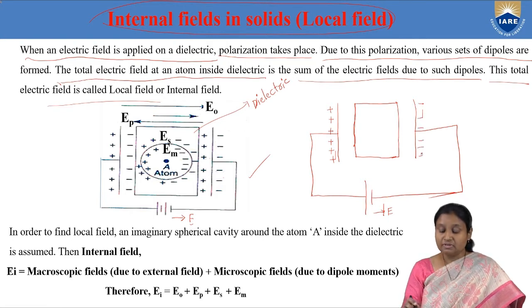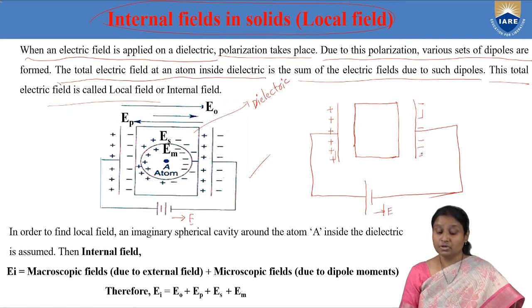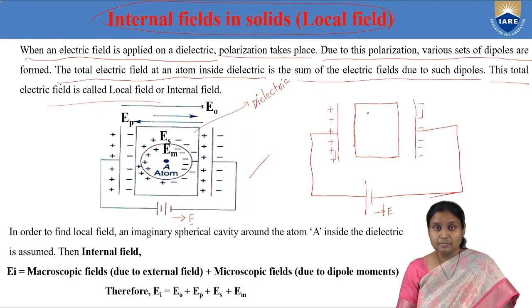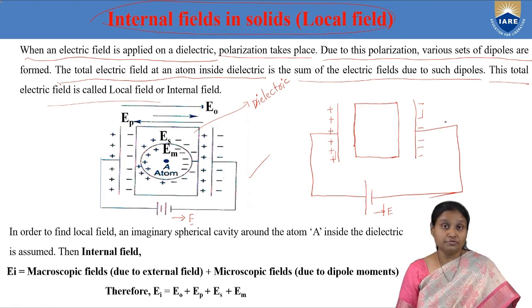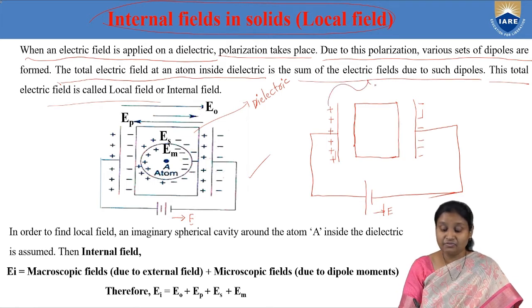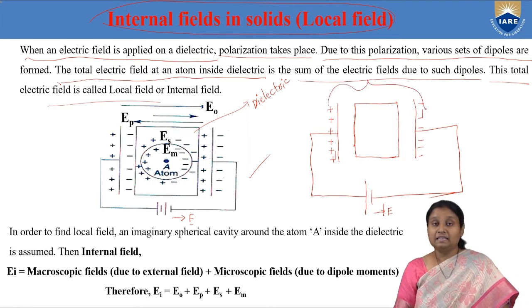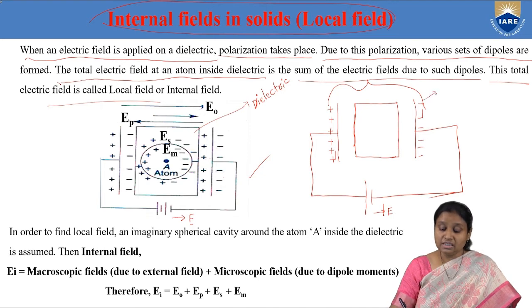So positive as well as negative charges develop on the capacitor plates. As you can see, there is separation of charges, or polarization, because of the formation of charges on the capacitor plates. And because of this separation of charges, one electric field is developed, and we denote it as E naught.